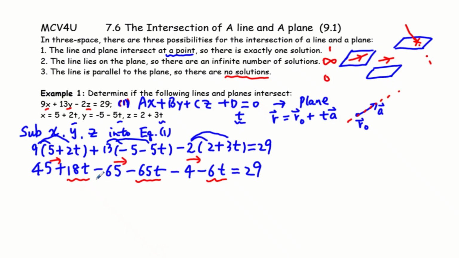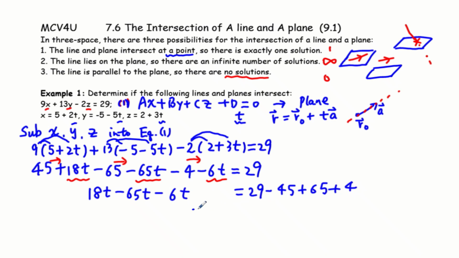So 18t minus 65t minus 6t equals 29 minus 45 plus 65 plus 4.